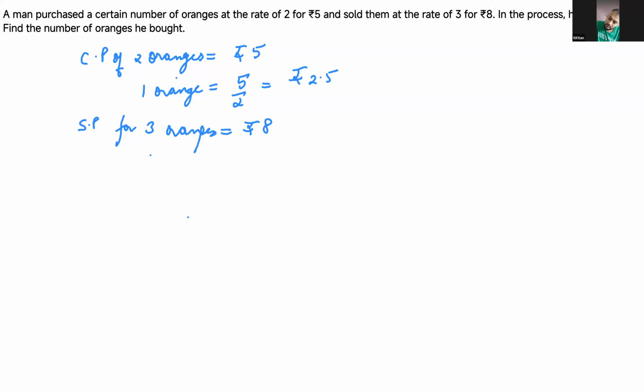Now one orange will become 8 by 3. Now we have to subtract it. It will become 2.67. So it means that he is selling for 2.67 rupees. He is buying for 2.5 for 1 orange. Okay. Understood? Now in this process, he is gaining 20 rupees.